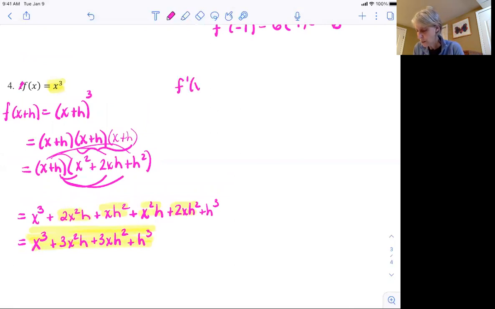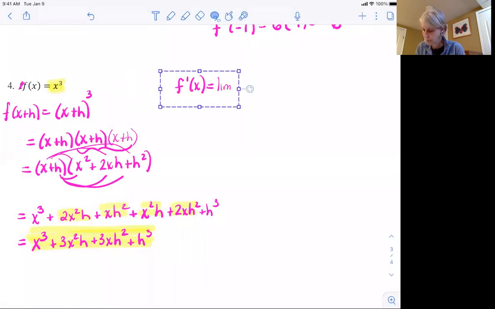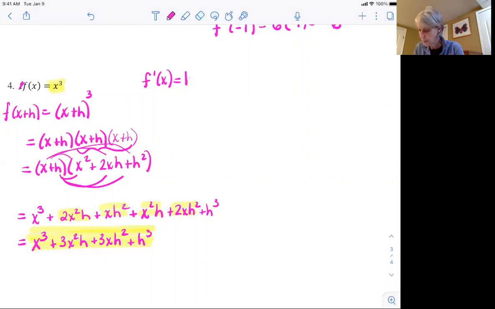F prime of x is going to equal the limit. I already know I'm not going to have enough room. The limit as h approaches 0 of f of x plus h minus f of x over h.